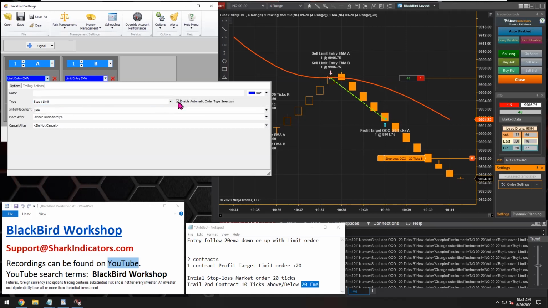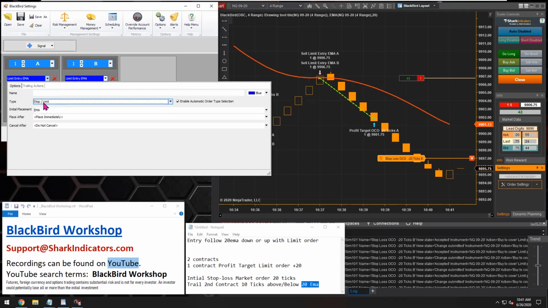If I uncheck this, it went back to a stop. We actually wanted it a limit. But if I check it, then the options change for us. So basically, BlackBird will automatically determine whether your entry order should be a stop or a limit.